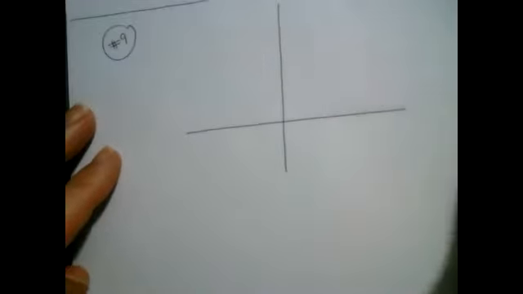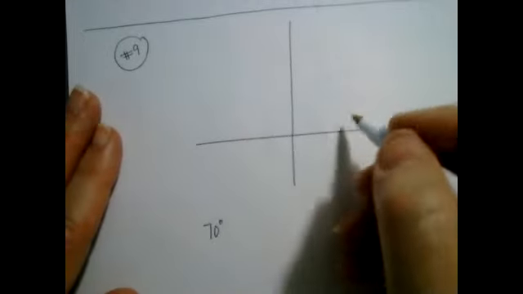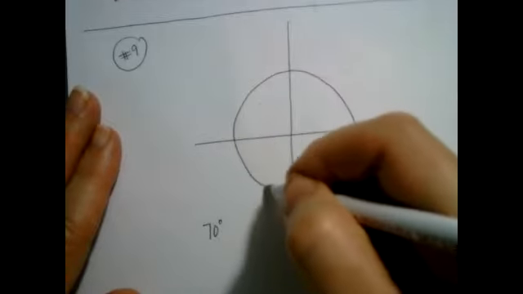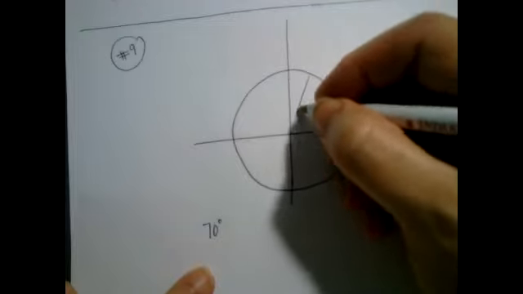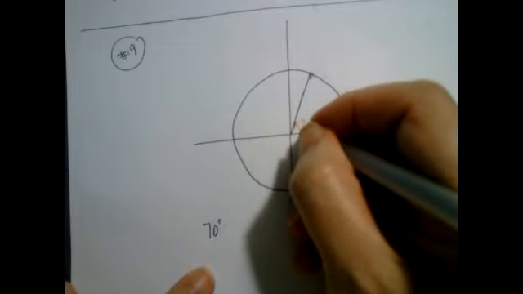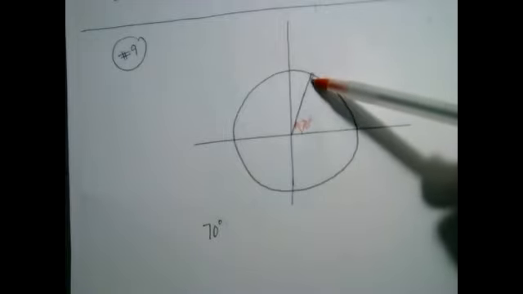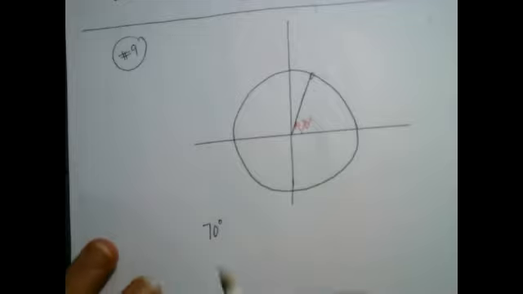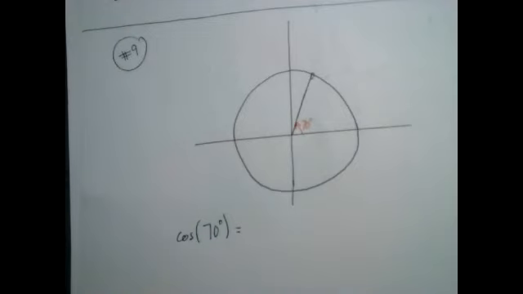I gave you an angle, which is 70 degrees. Okay. And here's my unit circle. So 70 degrees will put me somewhere here. That's my angle. So from here to here, it's 70. Okay. Now, the question is, can you give me another angle that has the same cosine as 70 degrees?